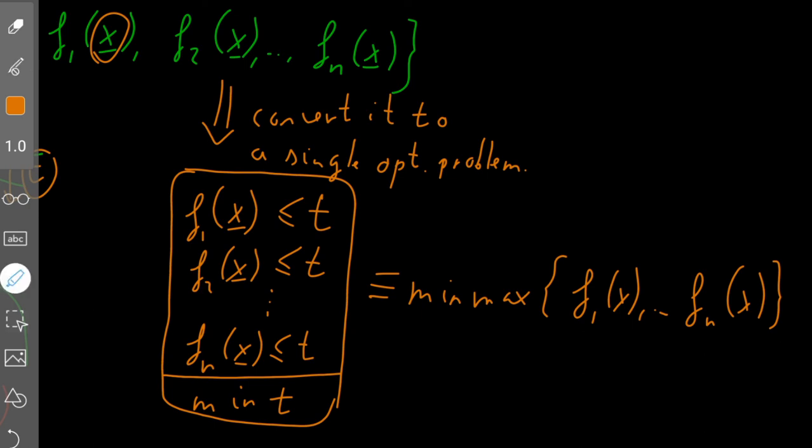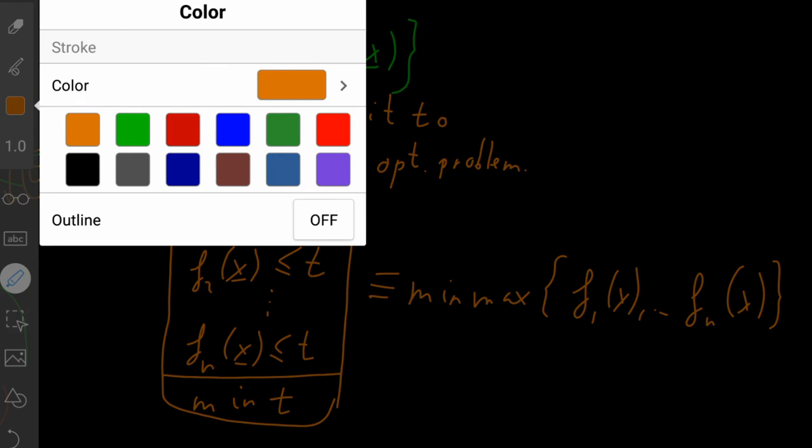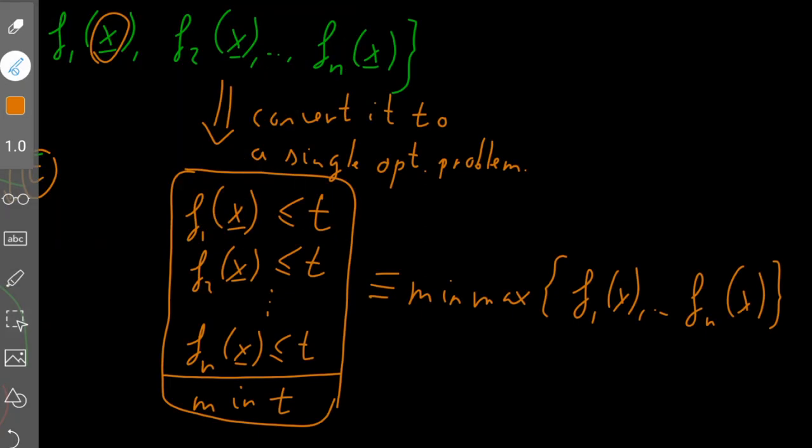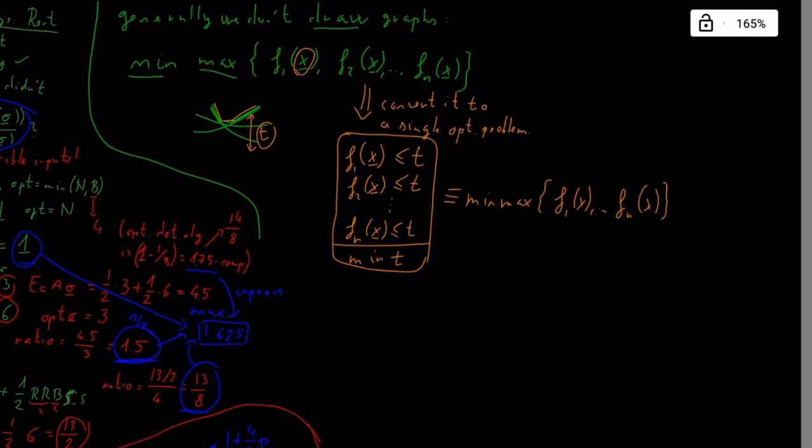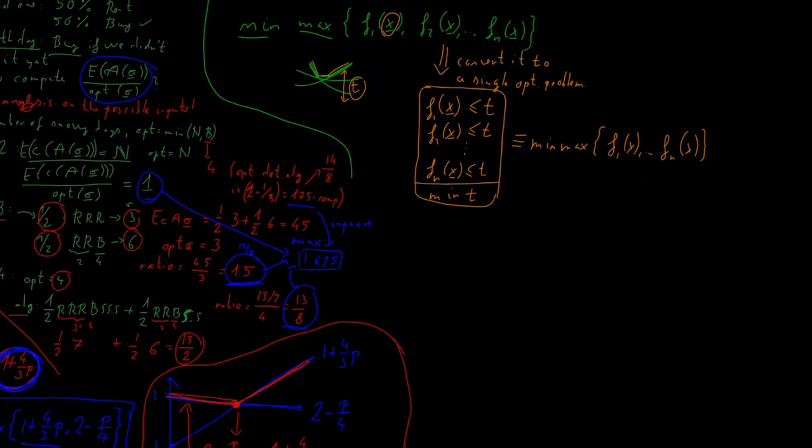Okay. For this particular case, I'm just zooming out. I had these two functions. So this is just 1 plus 4p over 3 is smaller than or equal to t, and then 2 minus p over 4 is also smaller than or equal to t.